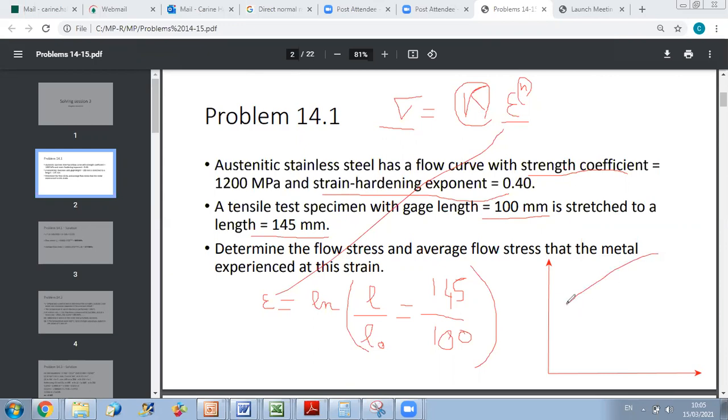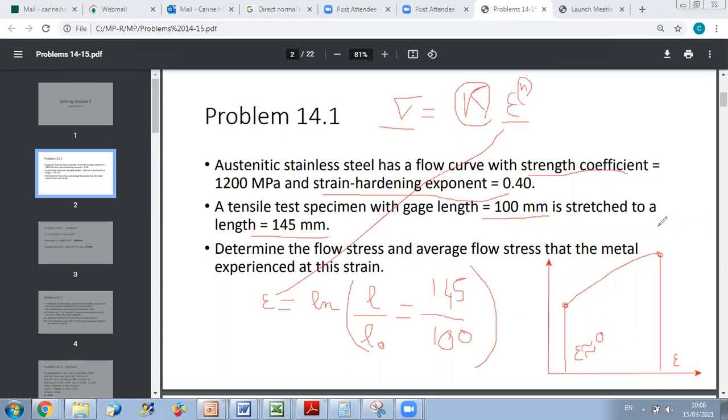This is why we consider that once the strain hardening zone starts, epsilon is very close to 0. So for approximation and average stress calculation, we can consider that the starting point is characterized by nearly epsilon 0, and the final point is the one for which we are performing the calculation. So we want to find the average flow stress between 0 and epsilon.